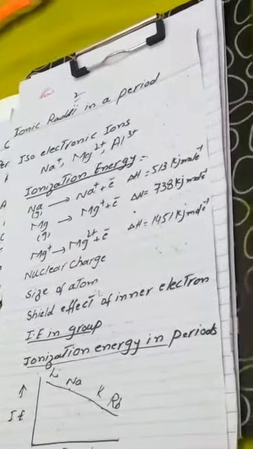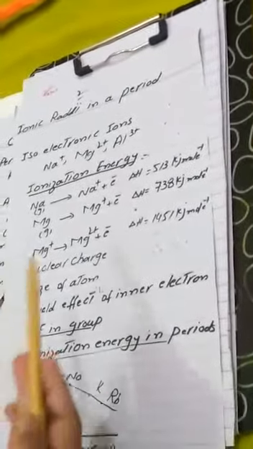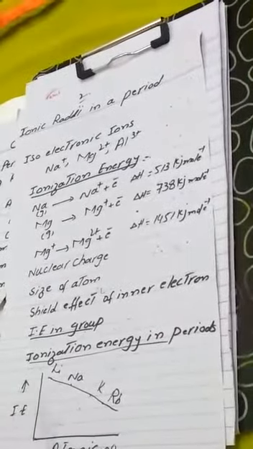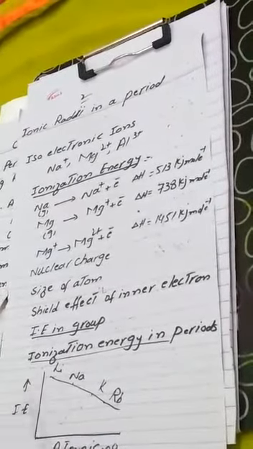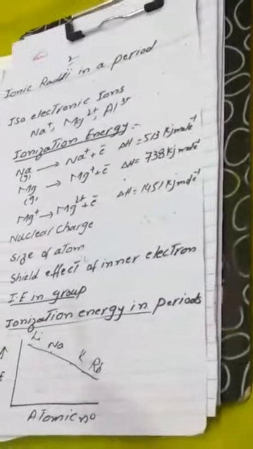Our next topic is ionization energy. In our previous lecture, we studied cations and anions. Cations are formed by the removal of an electron, and in this case some energy is absorbed. This is known as ionization energy.